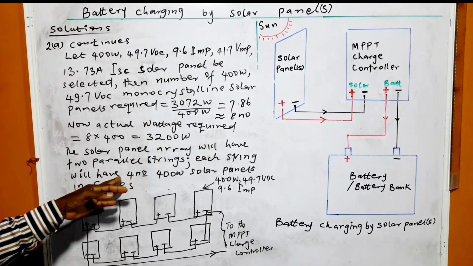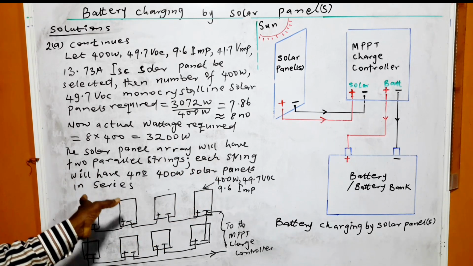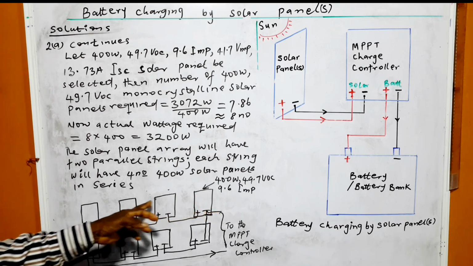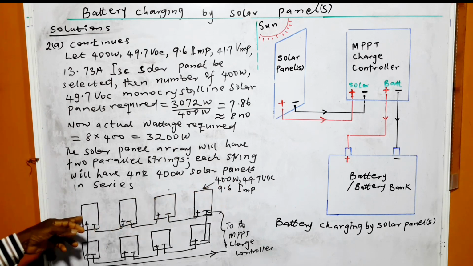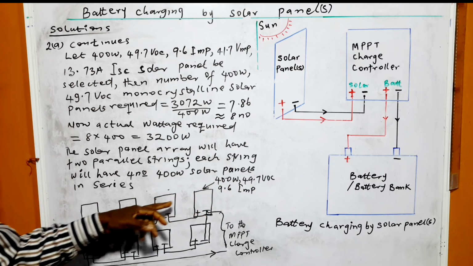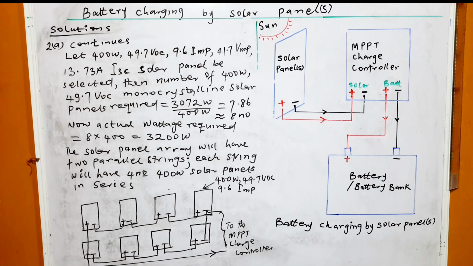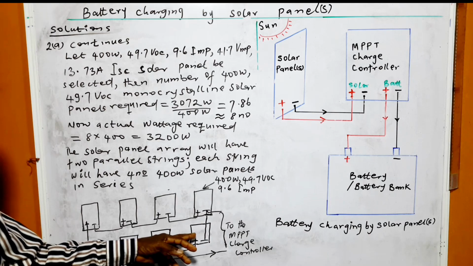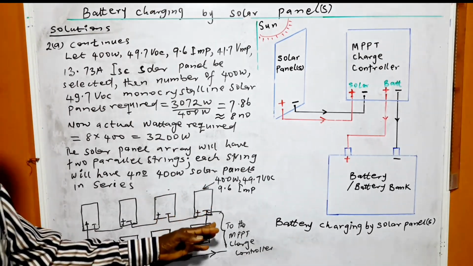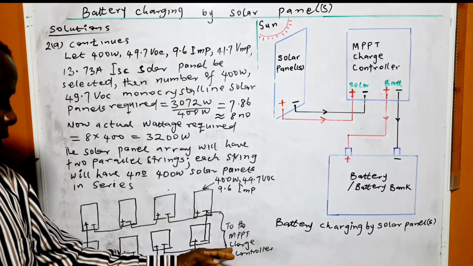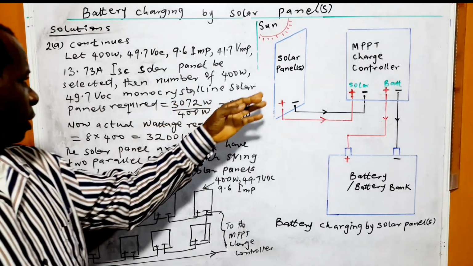Each string has 400 watt solar panels in series. This is one string, and this is another string of 4 solar panels, each having 400 watts.